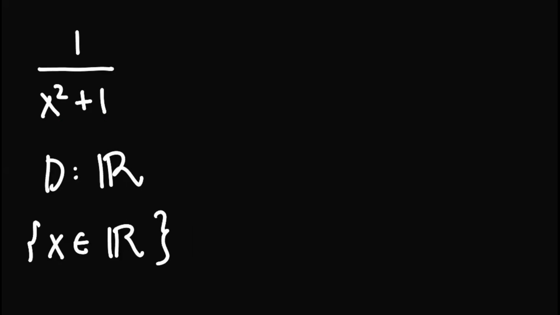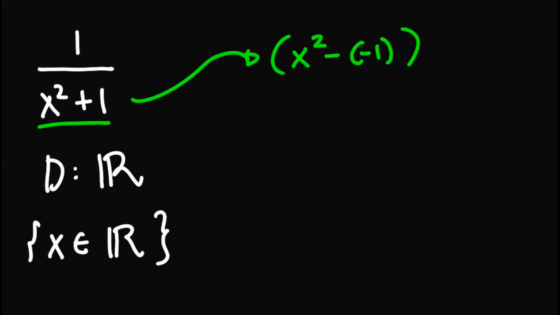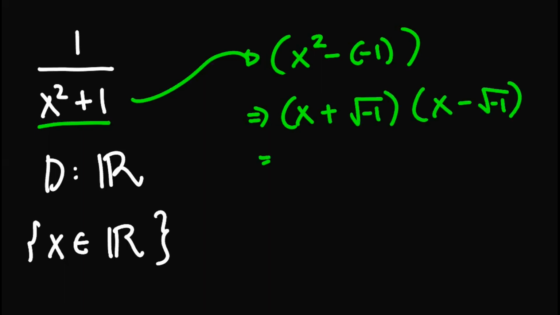And why is that? Well, if we view it in complex numbers, this one actually has a complex root, since we can write this one as x squared minus negative 1. Applying the difference of two squares, this is equal to x plus the square root of negative 1 times x minus the square root of negative 1, or x plus i times x minus i.